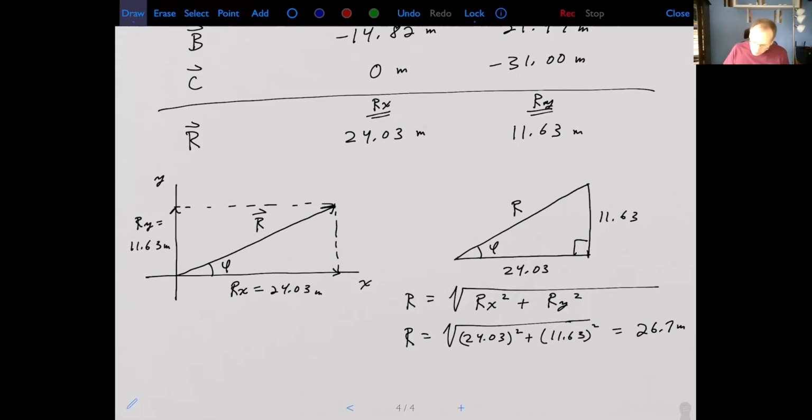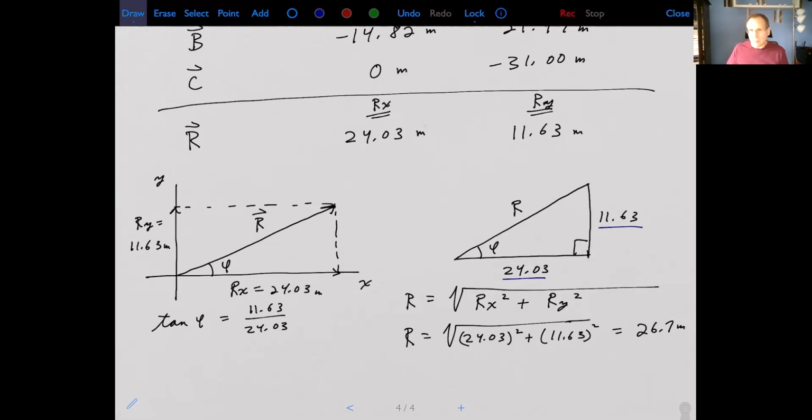Okay, now to get the angle theta. Again, if we know the adjacent side and the opposite side, what trig function relates adjacent and opposite? Tangent. Tan is opposite over adjacent. So tangent of phi, in this case I use phi for my angle, is opposite, which is 11.63, over adjacent, which is 24.03.